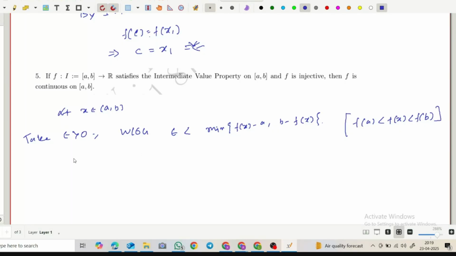So now you are getting that a is less than f of x minus epsilon less than f of x plus epsilon less than f of b, right? Because fx is inside fa and fb. We have chosen the epsilon in a manner such that this fx minus epsilon and fx plus epsilon. Okay, let's just write another line here.